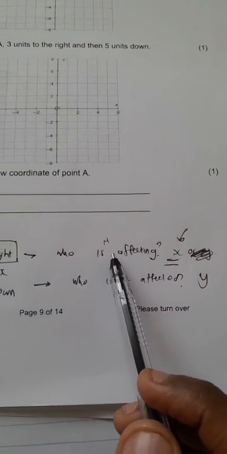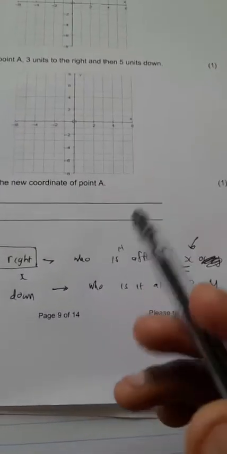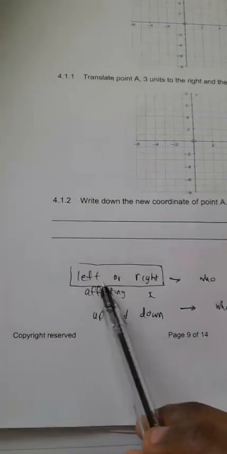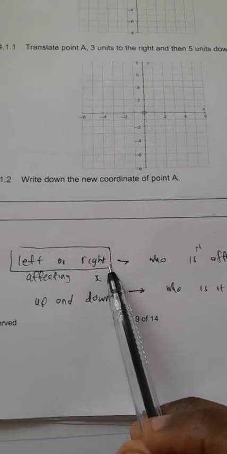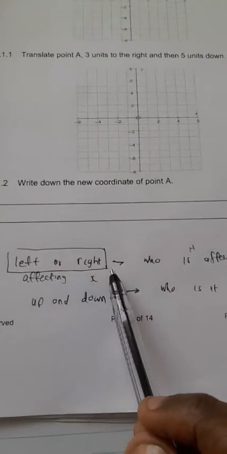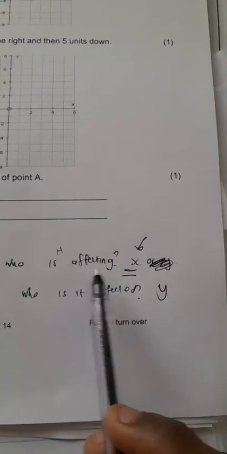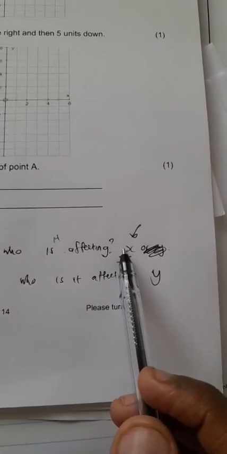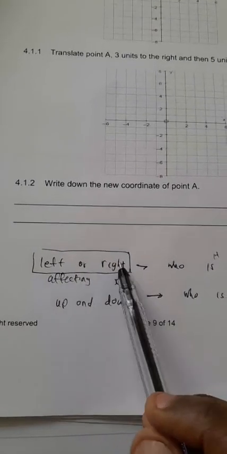Is left or right movement affecting our x value for our x coordinate, or our y coordinate or y value? The answer is yes, x is affected whenever we say left or right.